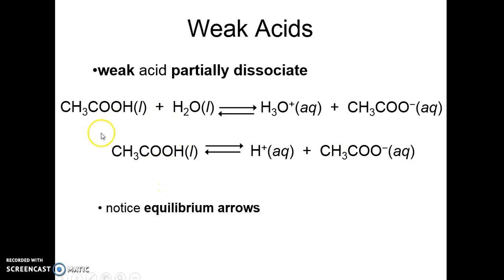But a huge portion of the acetic acid remains stuck together in solution. So the key thing to note here is that you have equilibrium arrows, and the equilibrium arrows indicate that it's a weak acid.